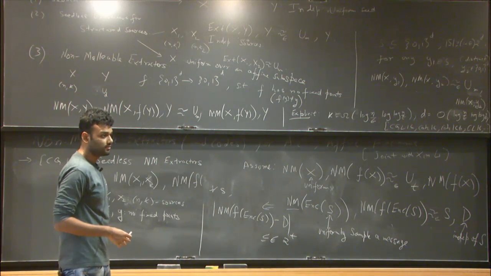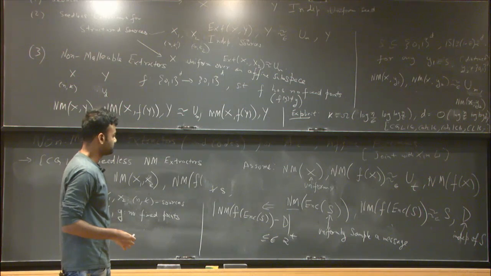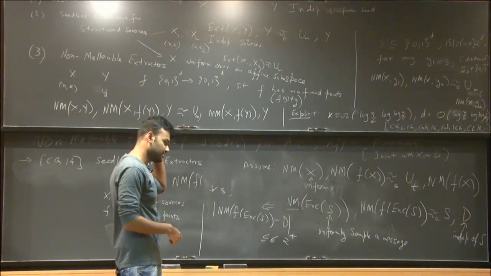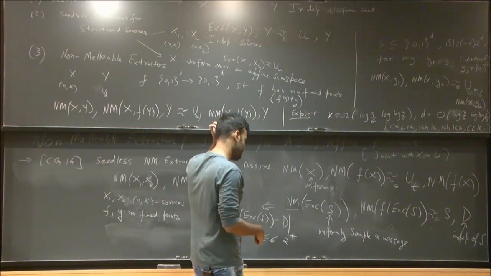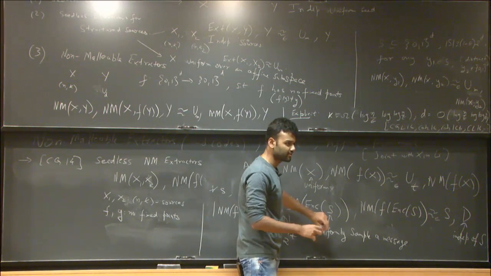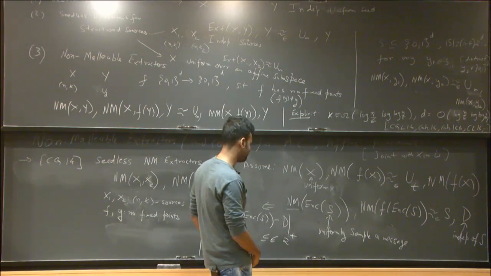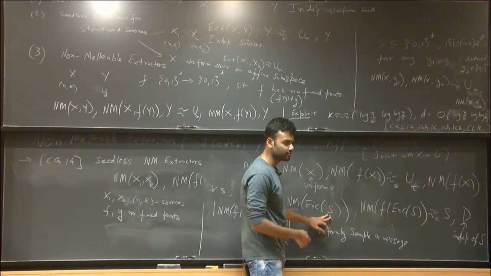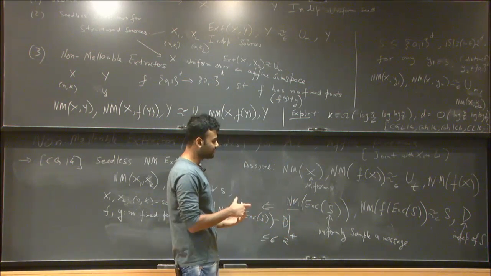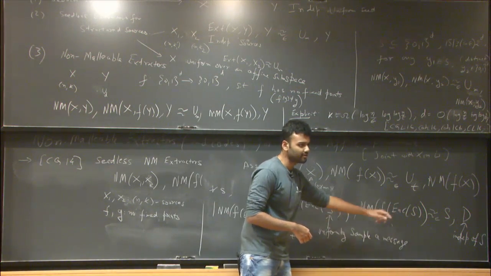You can't have any bad messages. This is trivial: since S is uniform, it's 1 over 2^t times the sum, and each of them is bounded, and you know that the sum is bounded by epsilon.